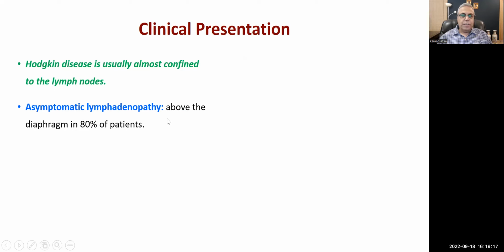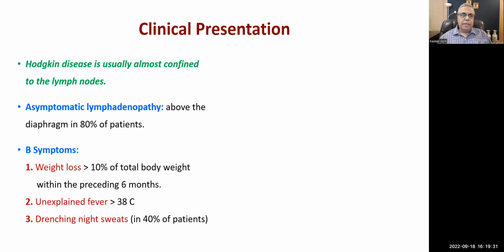Asymptomatic lymphadenopathy above the diaphragm in 80% of the cases, right? So asymptomatic means there are no symptoms, no pain, nothing. As I showed you in the title slide, there might be a swelling over there. Then I'll show you a little more of the distribution.